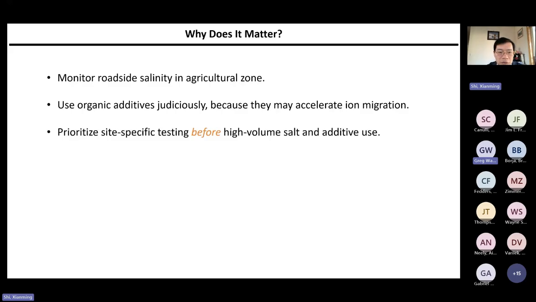And also use organic additives judiciously, because they may accelerate ion migration. Again, for roadside soil, that could mean, if they migrate through the roadside soil faster, they can potentially get to the groundwater faster. And finally, prioritize site-specific testing before any sort of high-volume salt and additive use, especially in sensitive zones.